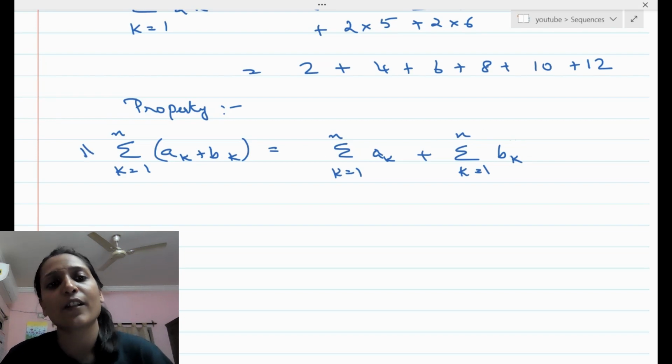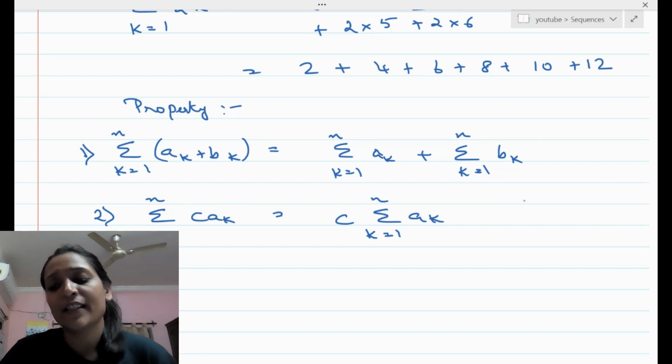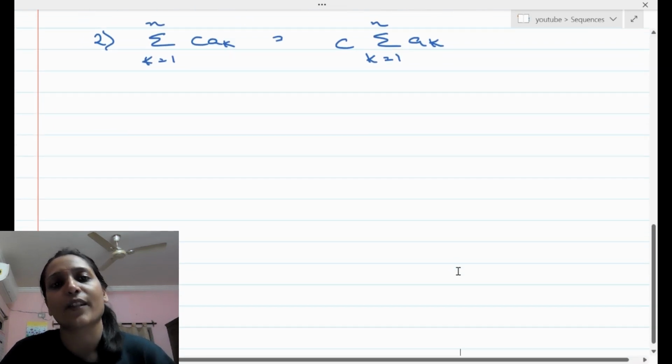So this is your first property. And the second property is that if there is a constant times the term, then you can take the constant outside your sigma notation. So this would become c times the sum from k equal to 1 to n of a to the power k.